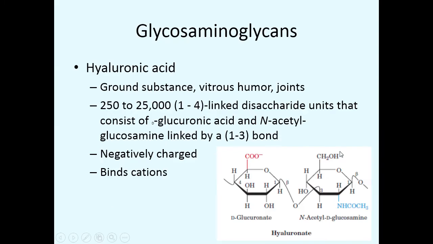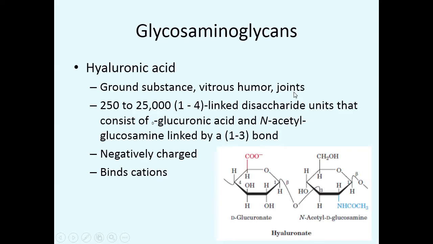On the next slide, you can see hyaluronic acid. It is the most common type of glycosaminoglycan. It is present in the ground substance, extracellular matrix, vitreous humor of the eye, and acts as a lubricant in joints.